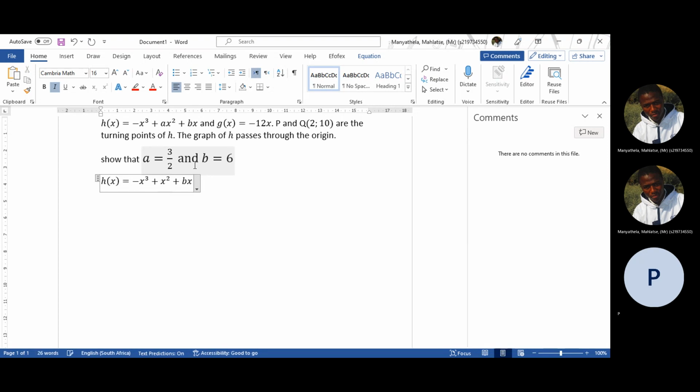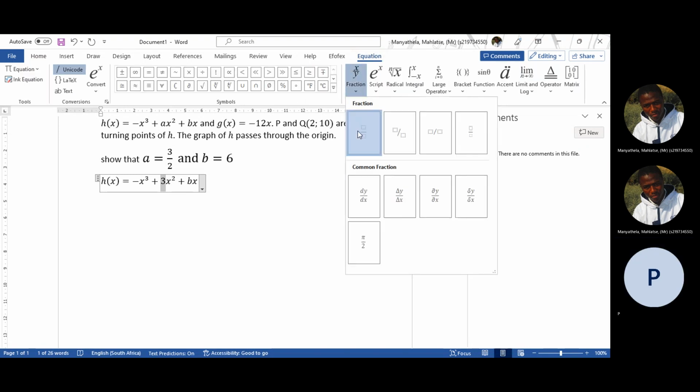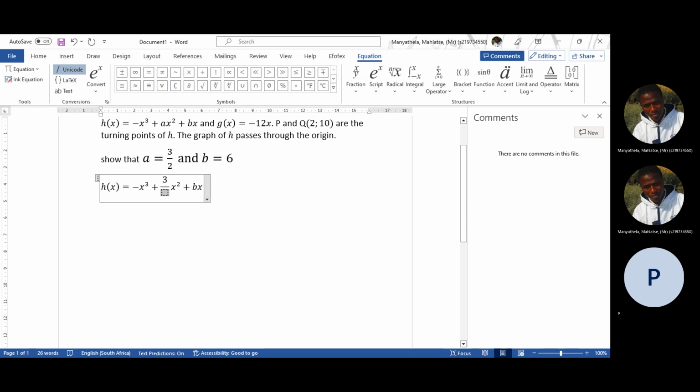Now that we know the value of a, we can write it: 3 over 2 x squared, plus our b, which is 6. So it will be minus x cubed plus 3 over 2 x squared plus 6.